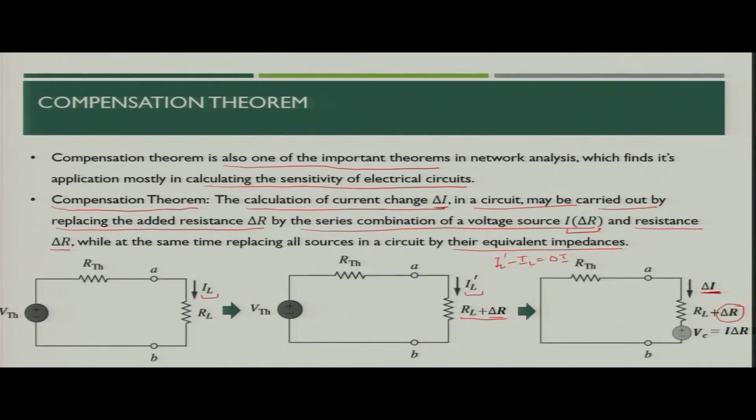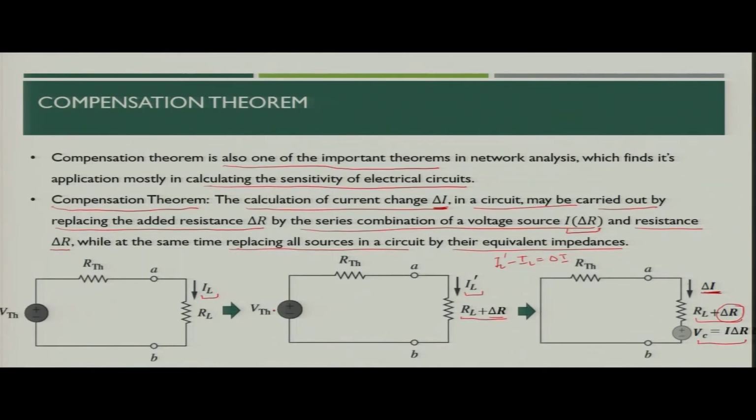It says that calculation of current change delta I in the circuit may be carried out by replacing the added resistance delta R by a series combination of voltage source I into delta R and resistance delta R. So, RL plus delta R will be the updated resistance, while at the same time replacing all sources in the circuit by their equivalent impedances. That means the original Thevenin voltage we are replacing with a short circuit.